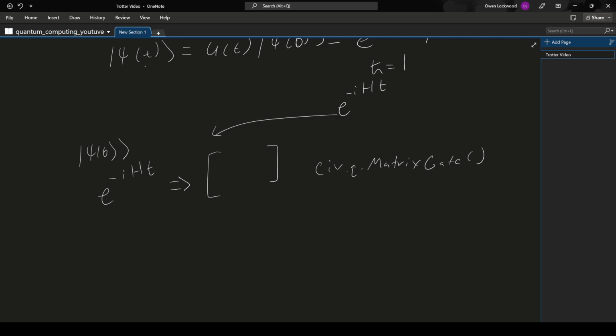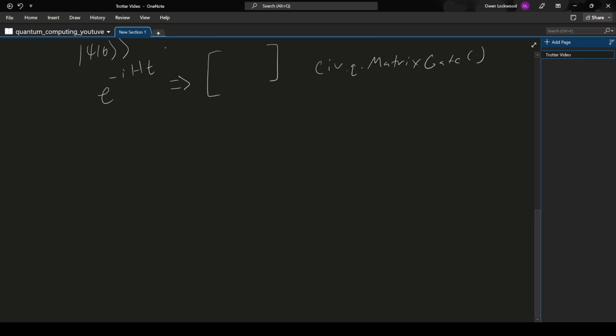Now it's worth noting that this Hamiltonian is rarely just one term. Often we'll see it represented as a sum of terms.